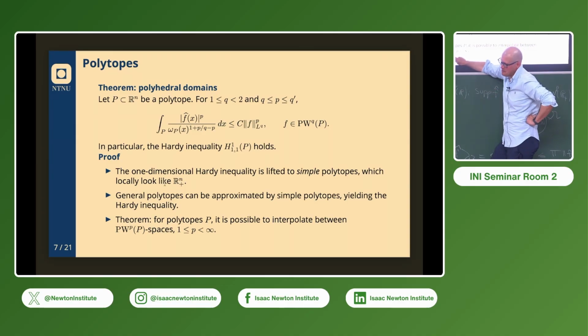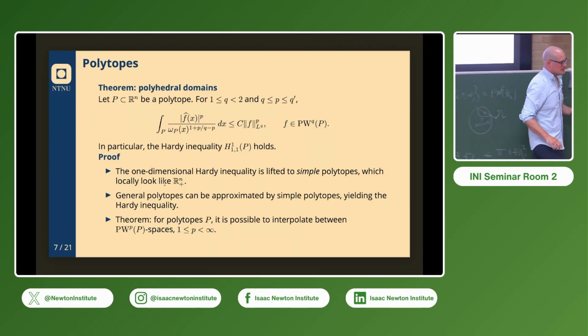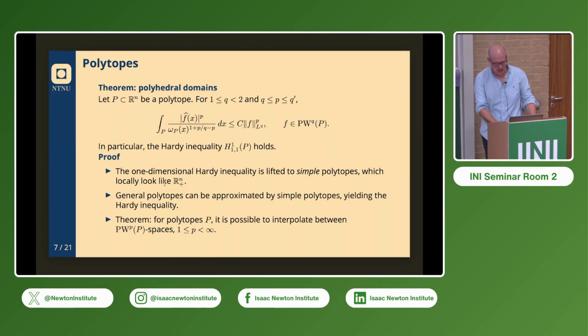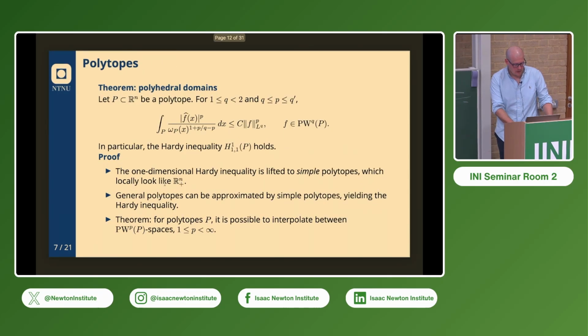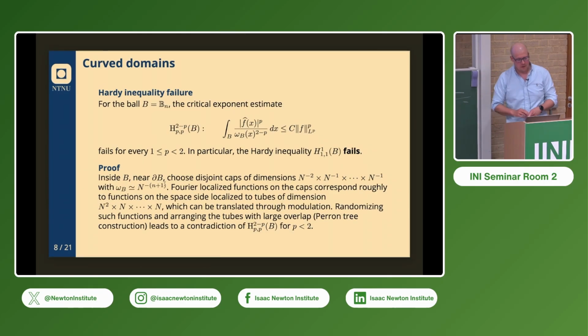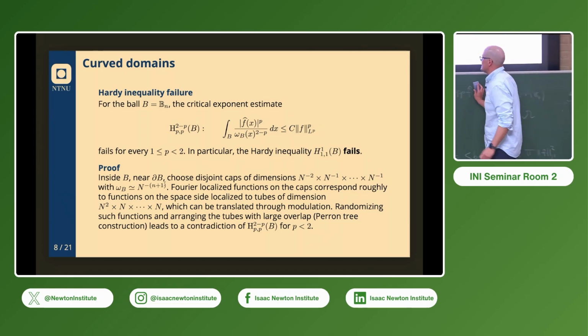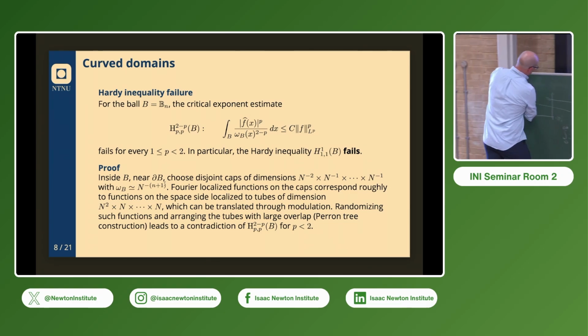Let me not talk about why that is, but you can actually interpolate despite not having a projection. And so you can get a wider range of inequalities from there. So it's nice to have. On the other hand, for the ball, things do not work the same.